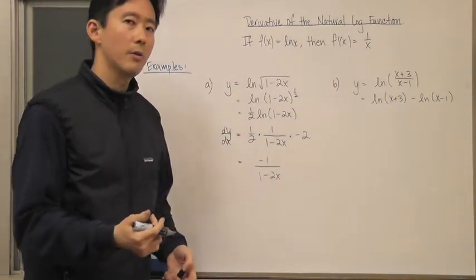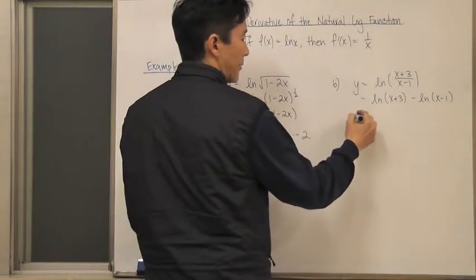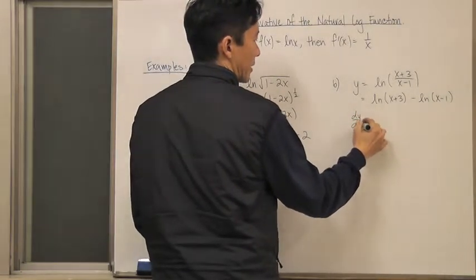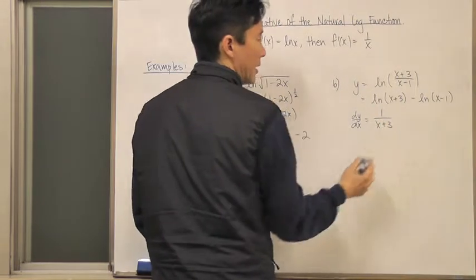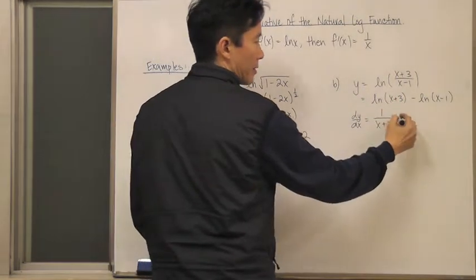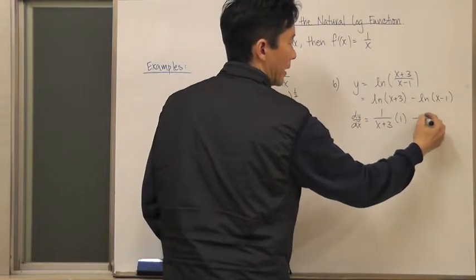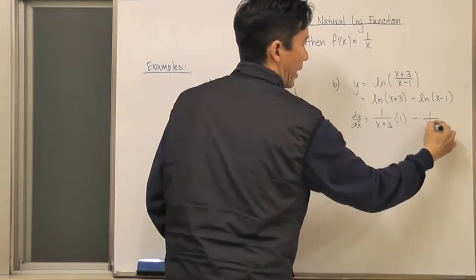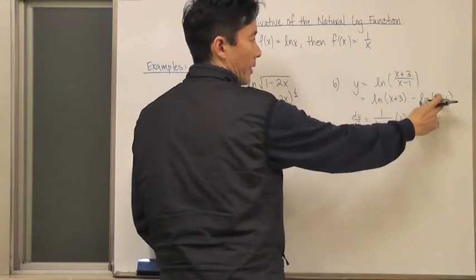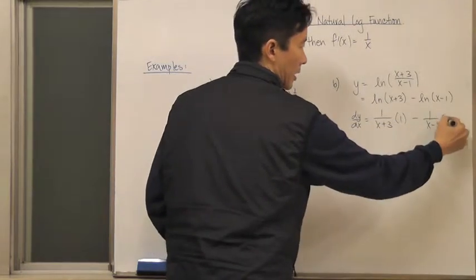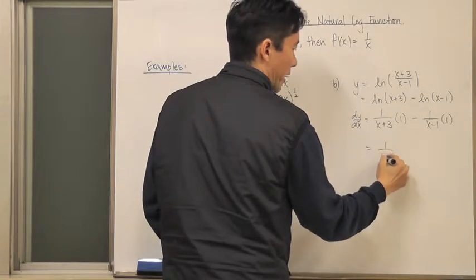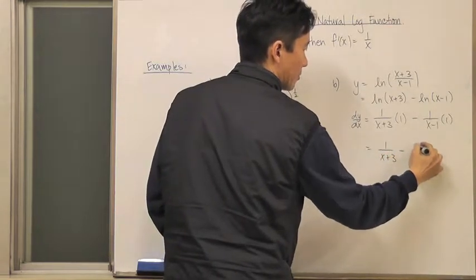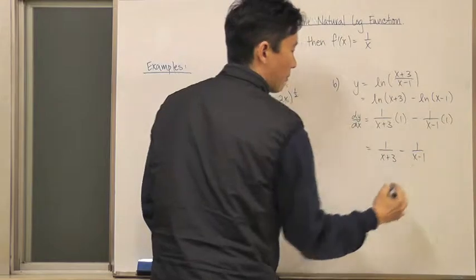So now we can say that dy/dx is going to be 1 over x plus 3 times the derivative of x plus 3, which is 1, minus 1 over x minus 1 times the derivative of x minus 1, which is again just 1. So what I'm coming out with is just 1 over x plus 3 minus 1 over x minus 1.